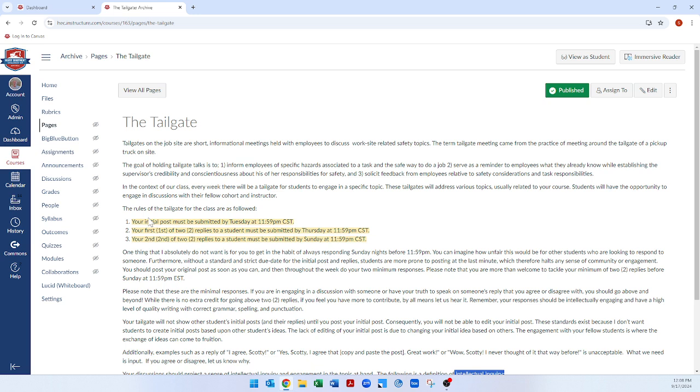Your first of 2 replies to a student also can be worth up to 35 points. It can be worth 5 points if it's something like "I agree," or it can be worth 0 points. The last one is your second of 2 replies to the student.